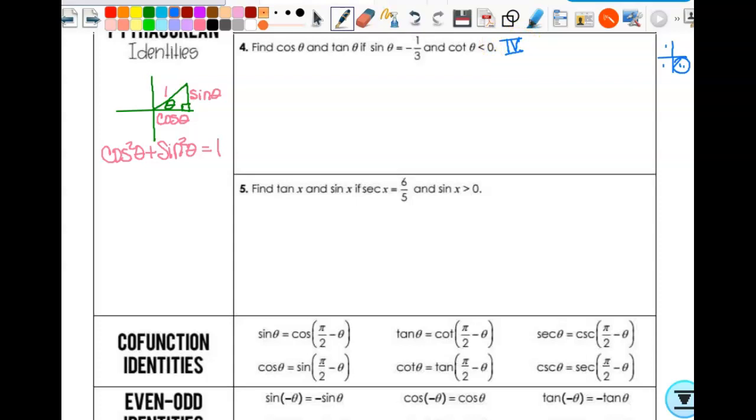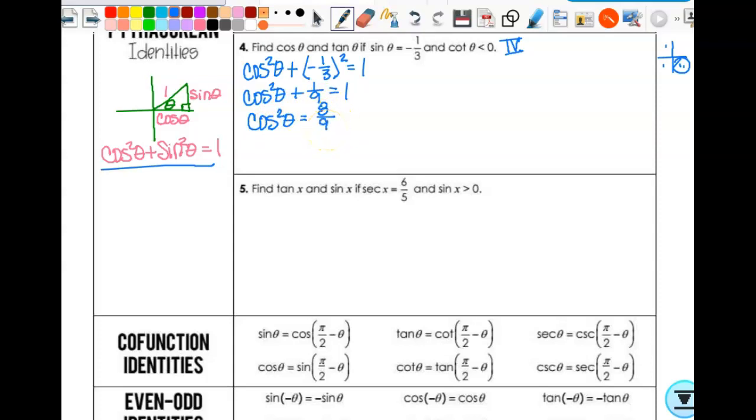We're going to use this Pythagorean identity first. Cosine squared theta plus, now I have sine, so negative 1/3 squared, equals 1. So cosine squared theta plus 1/9 equals 1. When I subtract 1/9 from both sides, I'm left with cosine squared theta equals what? 8/9.